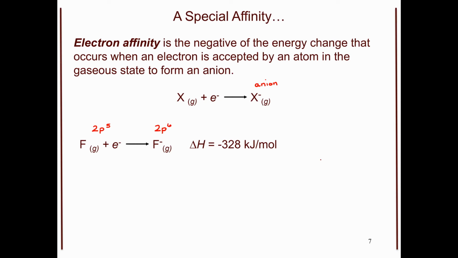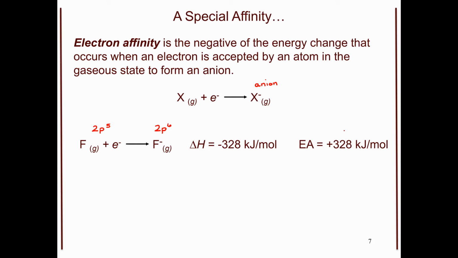It releases a lot of energy. Seeing that we're going to use delta H so often, what we end up doing is changing this to a positive nomenclature, and we say that the electron affinity is a positive 328 kilojoules per mole.